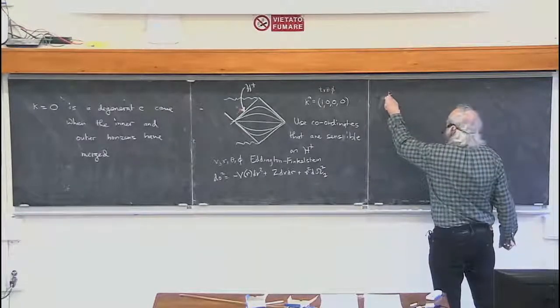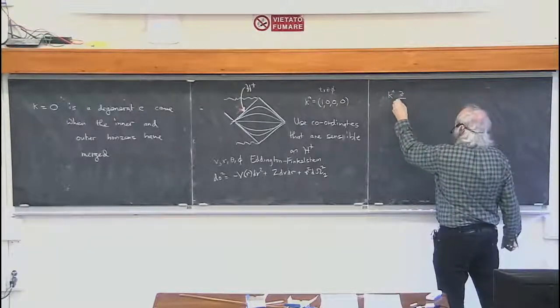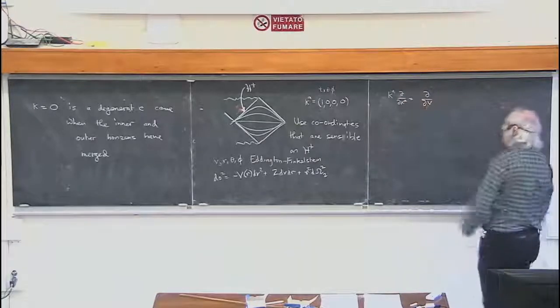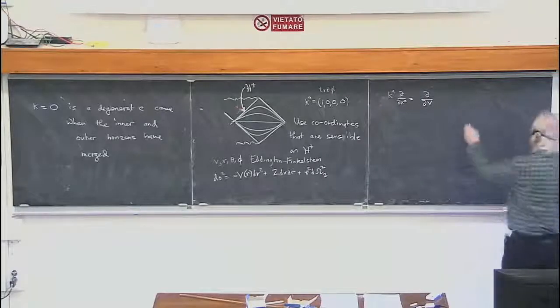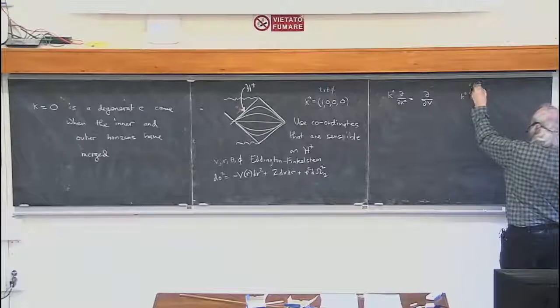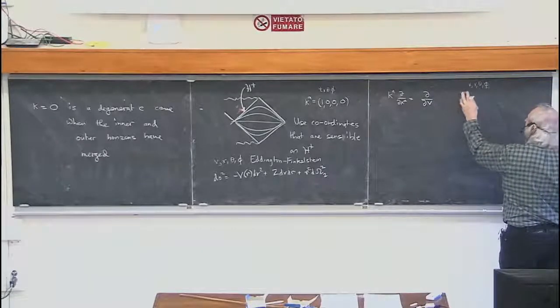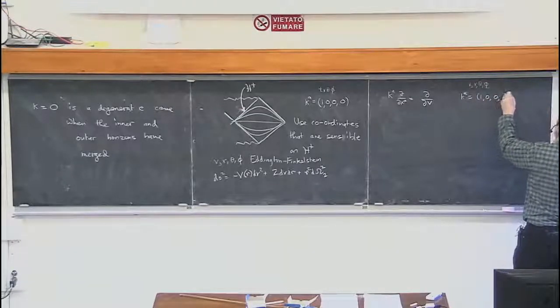So what is Ka under these circumstances? Ka, d by dxa, is equal to d by dv, time translation up the horizon. Explicitly, Ka in v, r, theta, phi coordinates is equal to 1, 0, 0, 0.